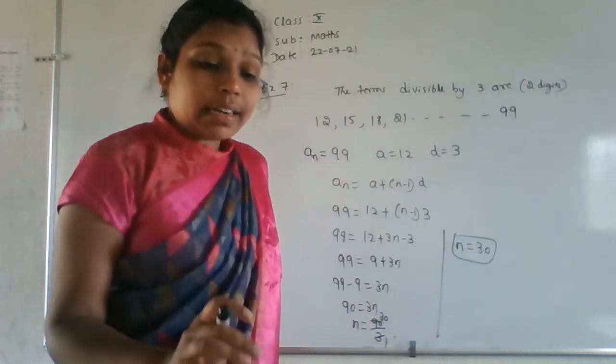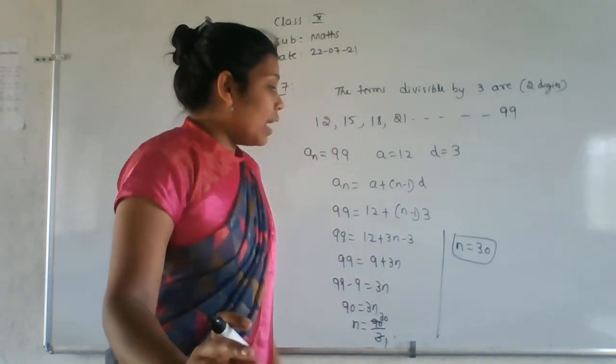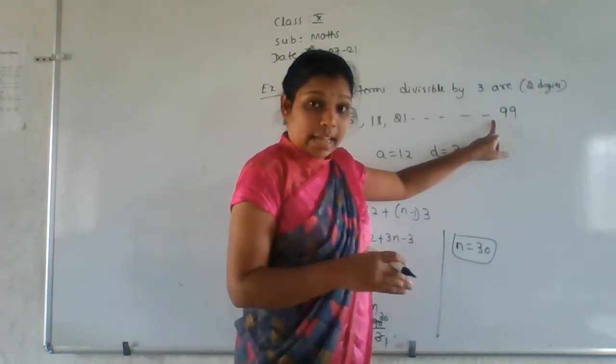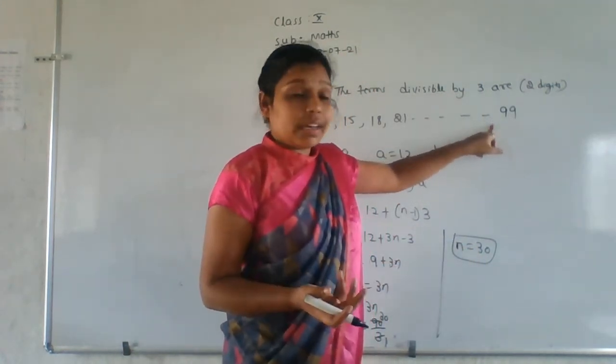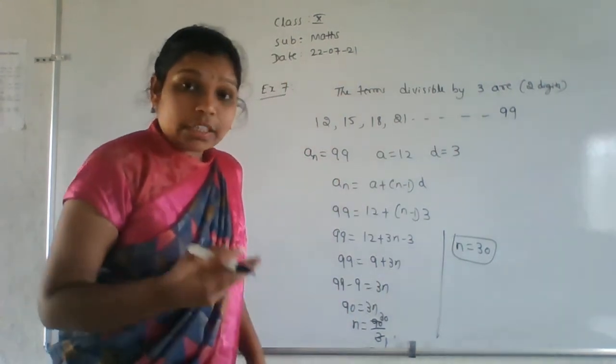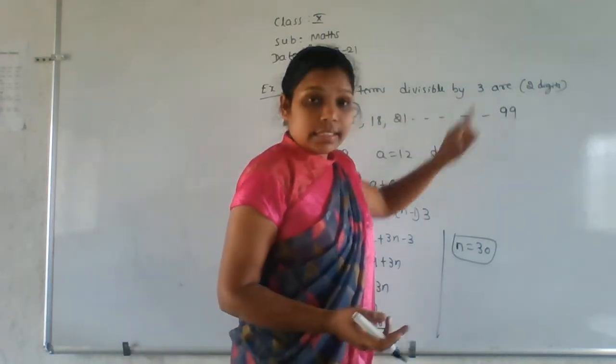Okay. They asked here how many two digit numbers are divisible by 3, and we found that n is equal to 30, that is the last term. The 30th term is the last term. Then what do we conclude here? Here 30 terms are there. 30 two digit numbers are there which are divisible by 3 here.